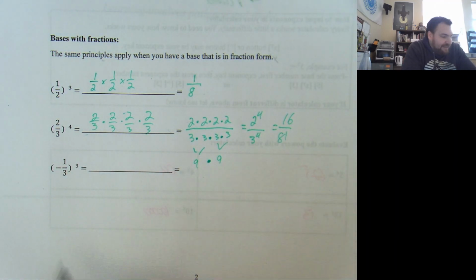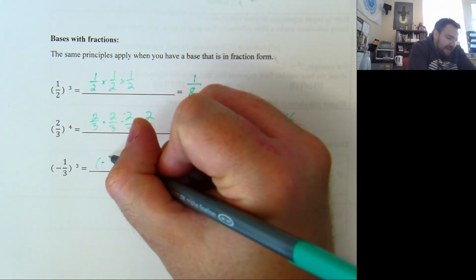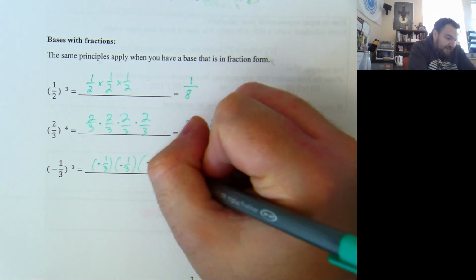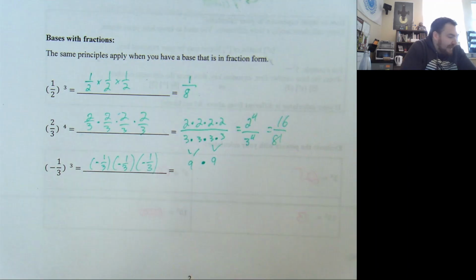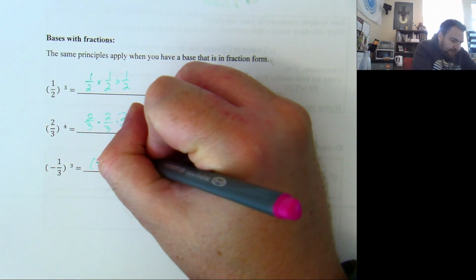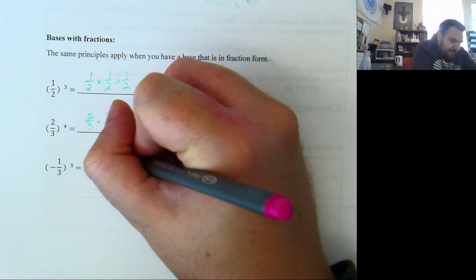Okay. Negative 1/3 cubed is going to be negative 1 over 3 times negative 1 over 3 times negative 1 over 3. I did tell you that when you had negative fractions, to just absorb that minus sign up into the numerator. Bring it on up.